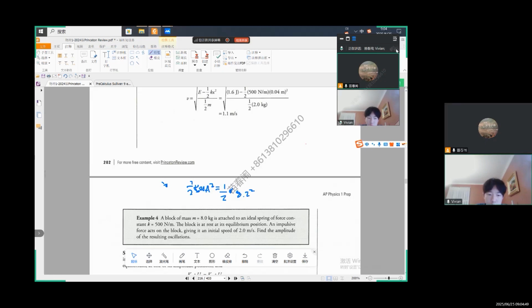So a equals 0.25. So 25 centimeters. 25 centimeters is also not that long, and it's making sense, I guess.